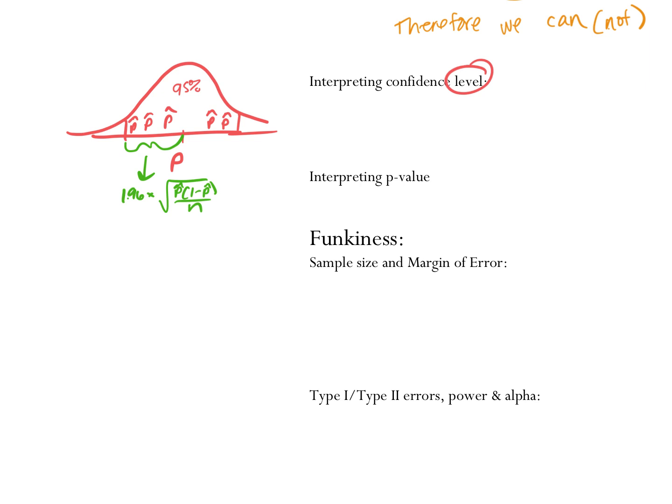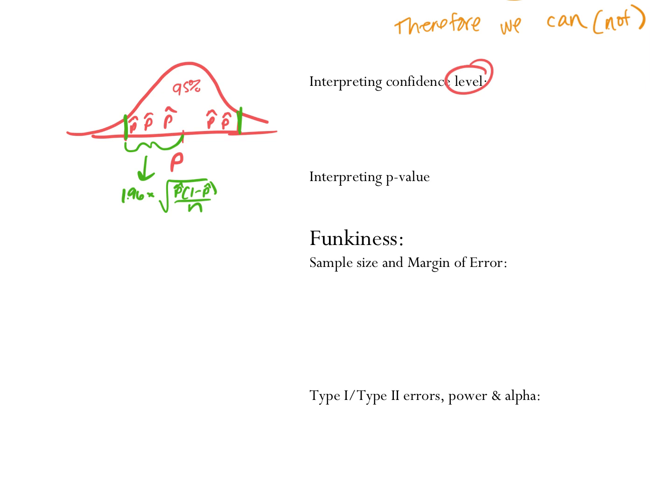If I use that, any of my possible p hats inside those 2 boundaries, my interval will contain p, because those are the p hats that are close enough to that true value that if I use that as my margin, I'd be all set.